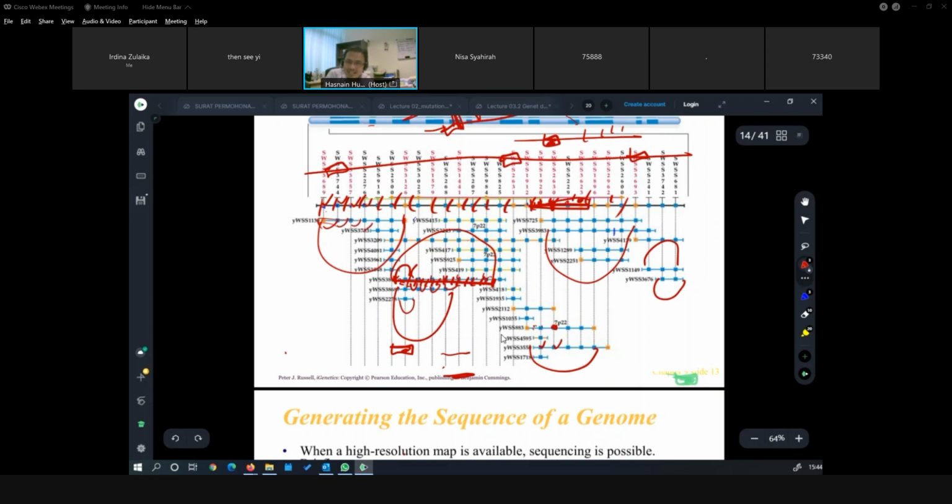When this one is too large, they take the vector, cut into smaller pieces, and do the sequencing using shotgun. Eventually, some group came and did not do this anymore. They just started to cut these smaller pieces straight away, and that is what we call shotgun sequencing.